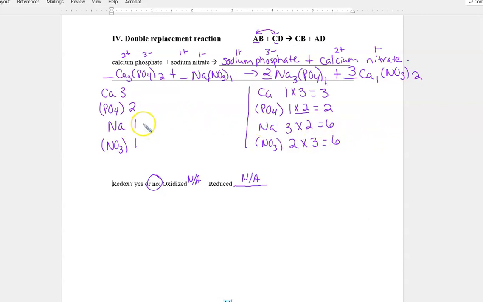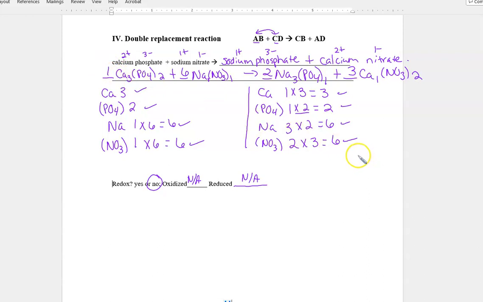So if I come over here, I need to multiply by 6. So I need to put a 6 up there. Now do you see that nitrate is also getting a 6? So now look, 3, 3, 2, 2, 6, 6, 6, 6. Balanced. So I didn't need to do anything in front of this compound, so that would be an understood 1.